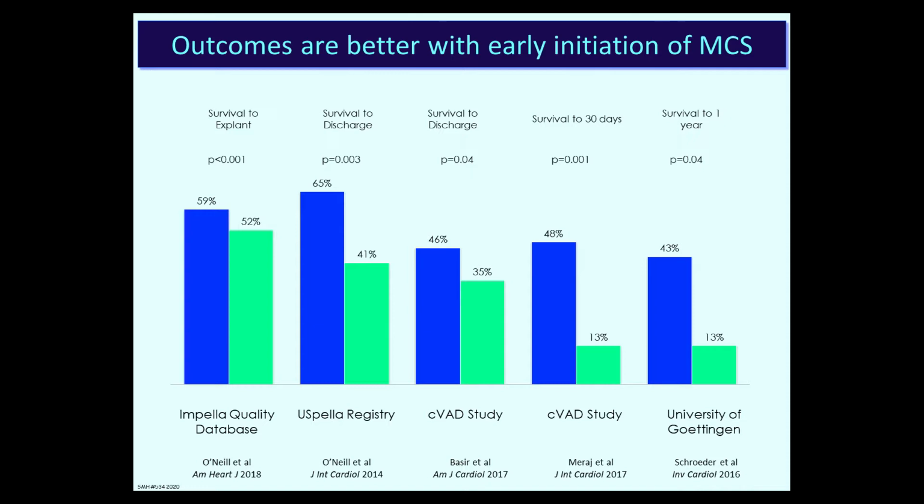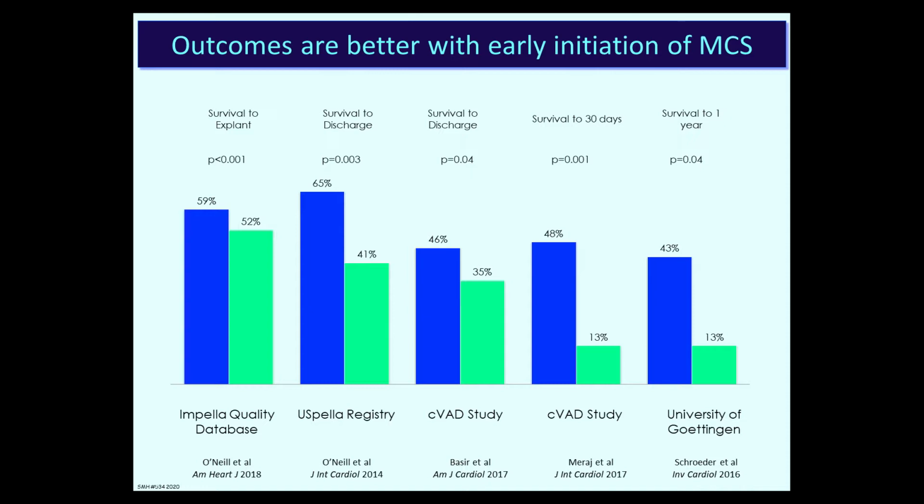So on this slide, the lovely blue color is pre-PCI, and the kind of pretty green color is post-PCI. Here's the Detroit Cardiogenic Shock Initiative, and here is the US Impella Registry and the CVAD, various studies in Göttingen. And all those data suggest that if you support the heart, if you unload the heart before you start doing PCI, and that's Navin Kapur's trial ongoing, door to unload trial, which we won't talk about, that things are better. Certainly the outcomes are better.